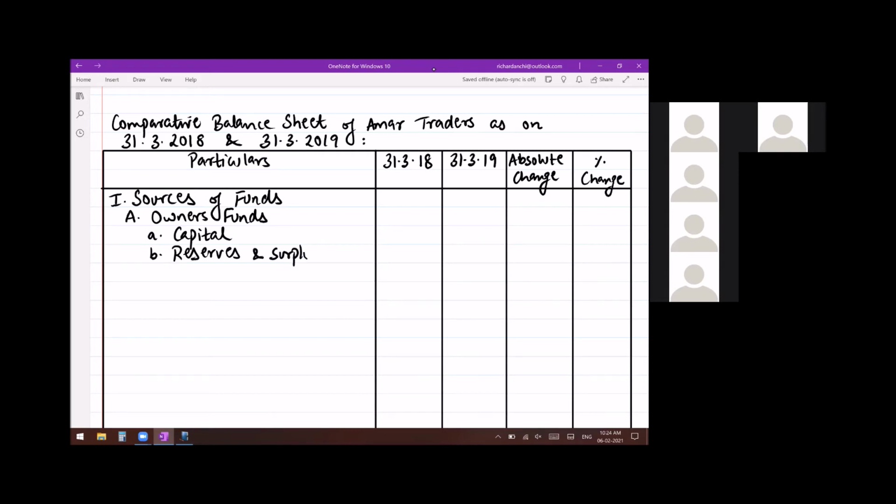So let's write the amounts also. Capital, have a look: in 2018, capital is 60,000, and in 2019, it is 72,000.